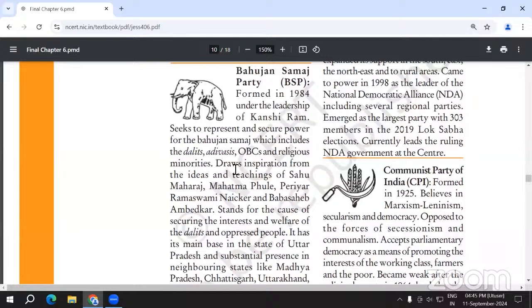Stand for the cause of securing the interest and welfare of Dalits.